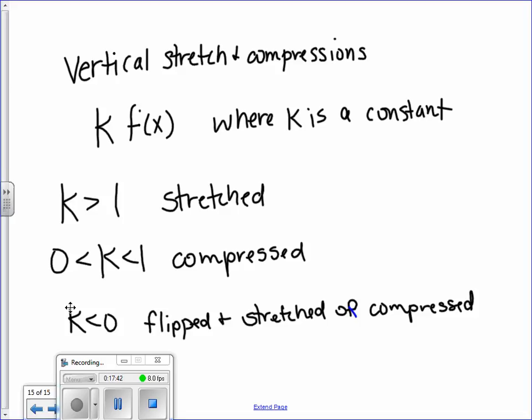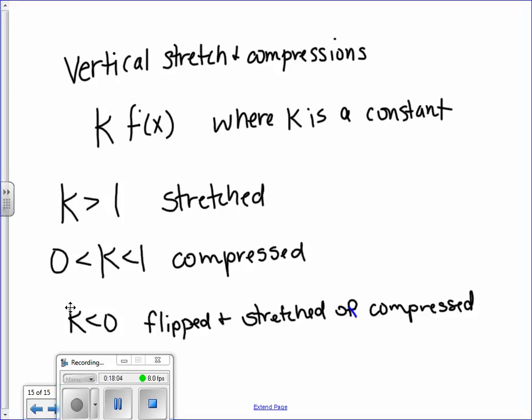Okay. Now, remember, if k is greater than 1, it's stretched. So now I want you to look at, let's do 2x squared.